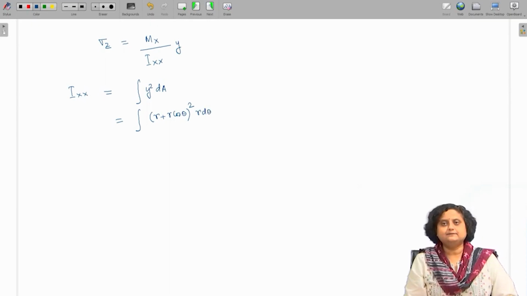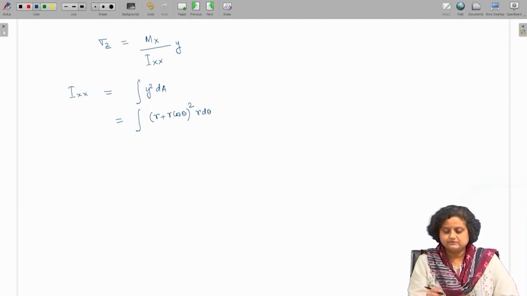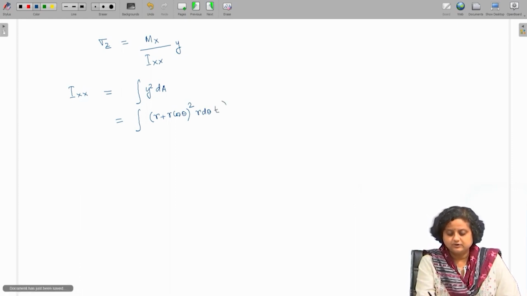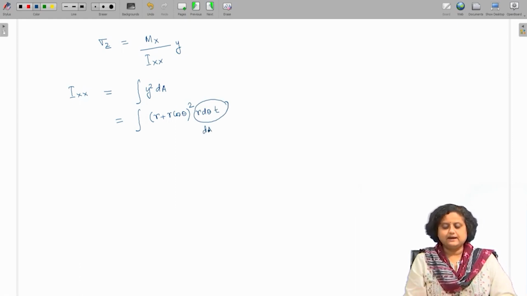R d theta is the elemental circumferential distance into the thickness. So, this whole constitutes the elemental area dA.